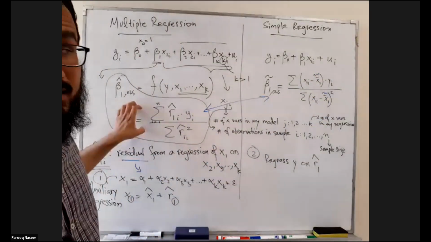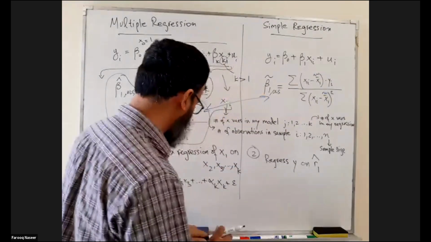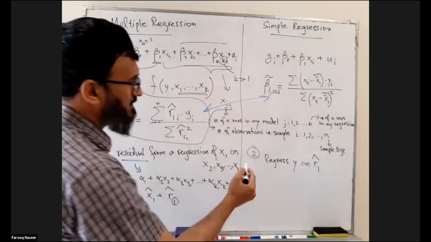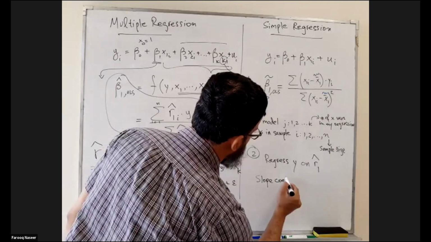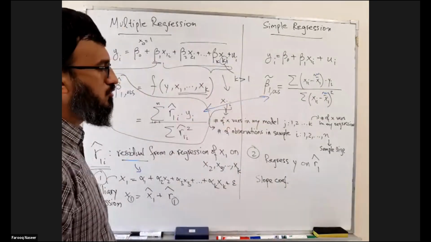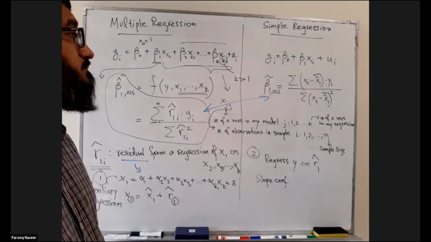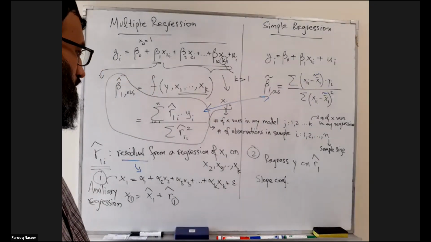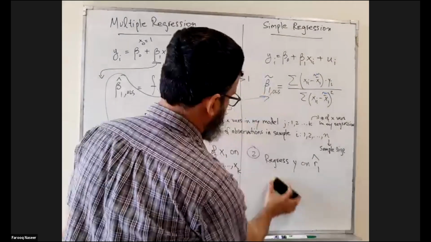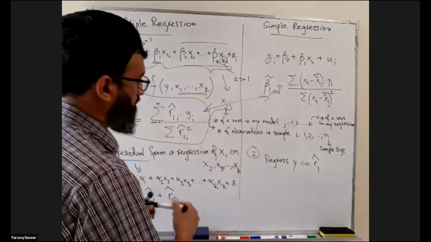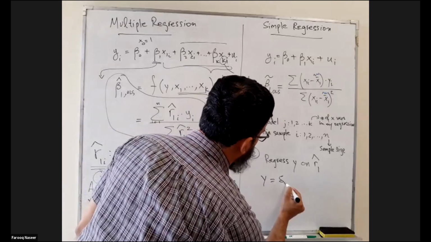I get exactly the same value. So the slope coefficient that I get after step 2 will be equal to which slope coefficient? Let's say I regressed y on r1 hat.